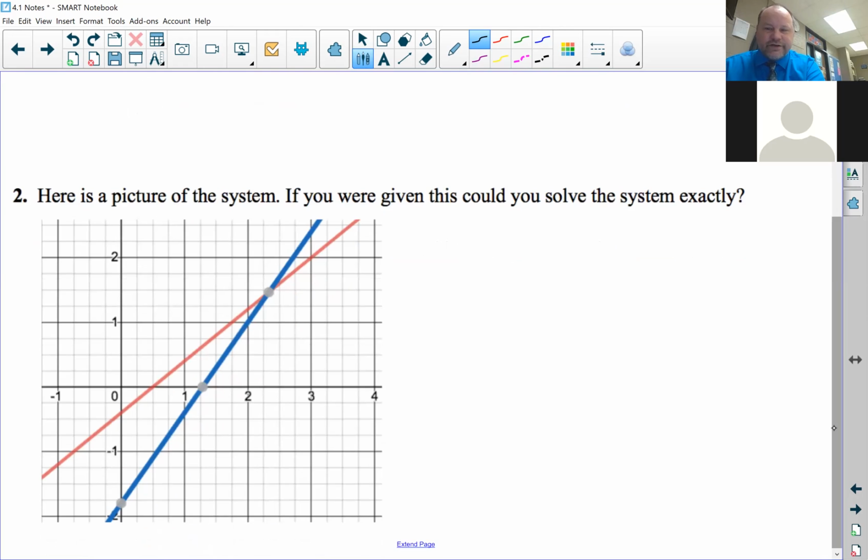So here you're given a system that's already been graphed, and you're asked, could you find the exact solution?